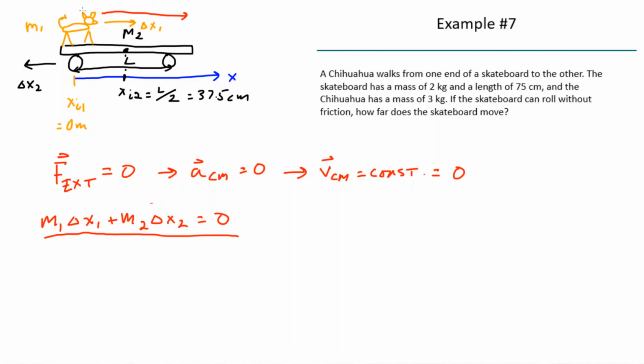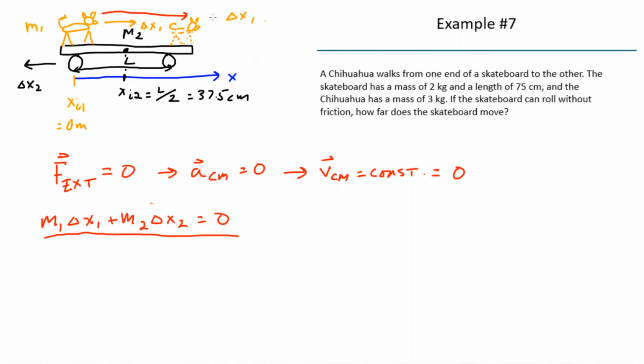Now this delta x1 is really going to be, the Chihuahua is going from one end of the skateboard to the other, so it ends up over here at the other side of the skateboard. But the skateboard moves back to the left. So delta x1 is going to be the length of the skateboard.